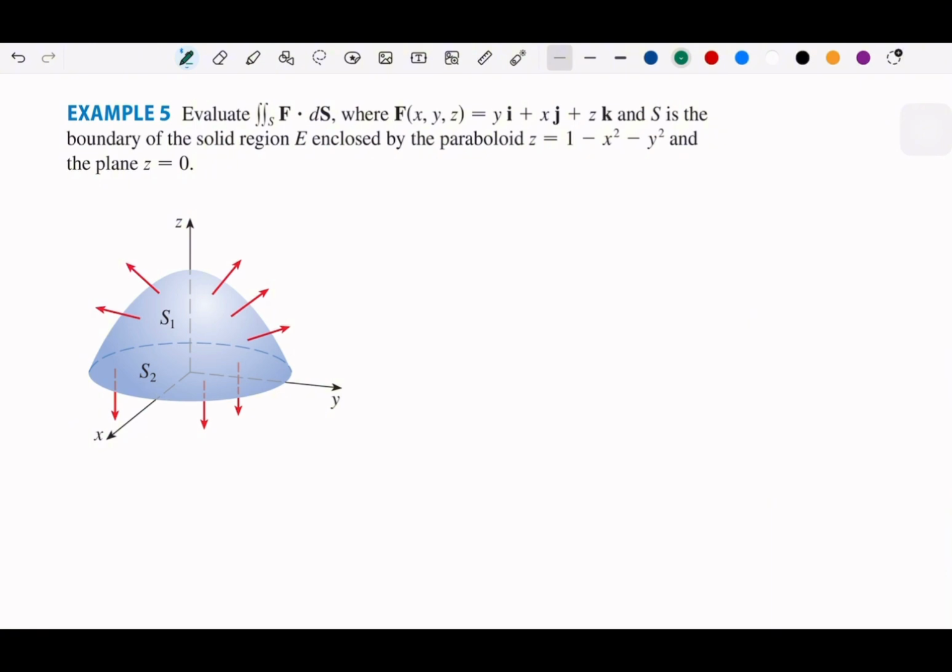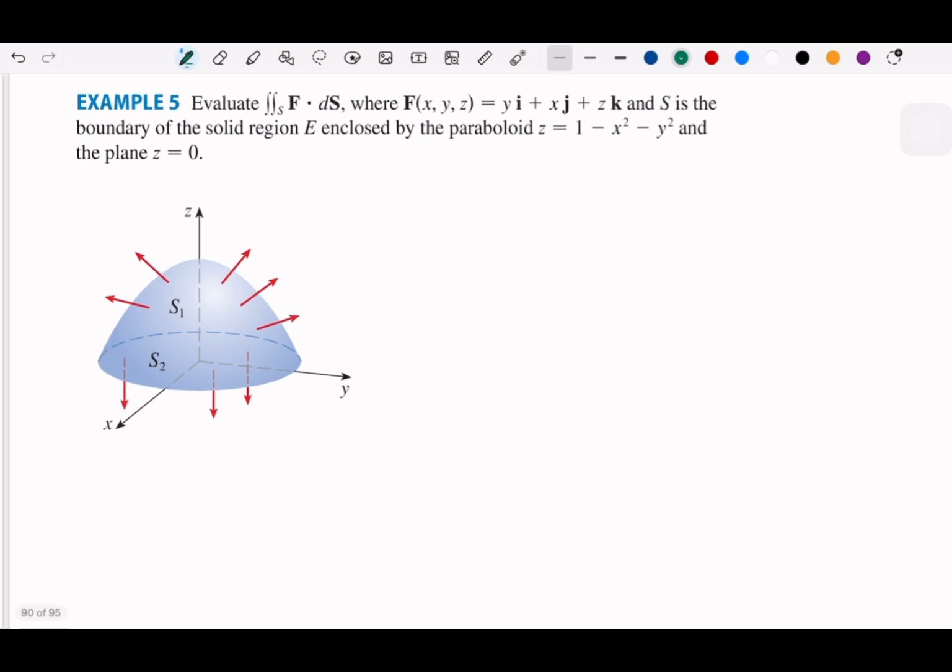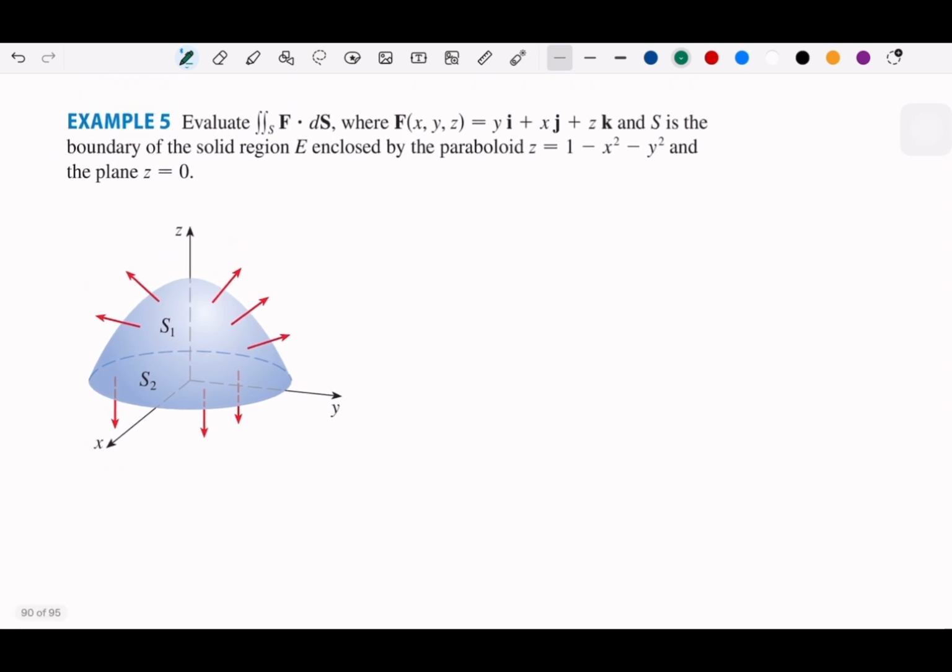And remember that since the plane Z equals 0, then we could know that S2, before we see S1, S2 will be 0.